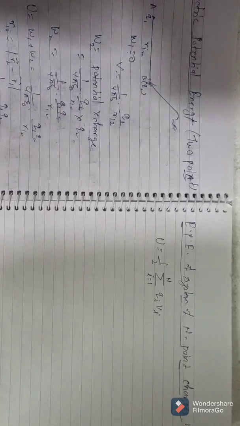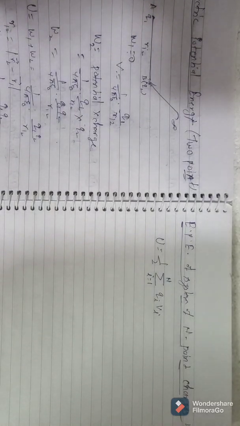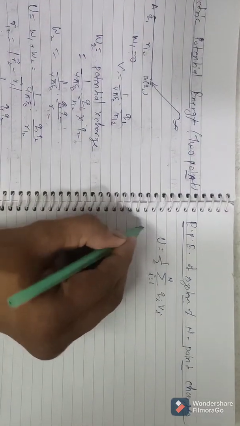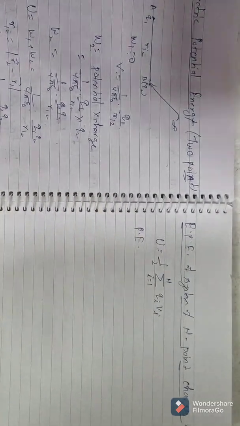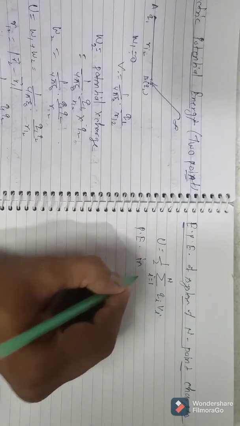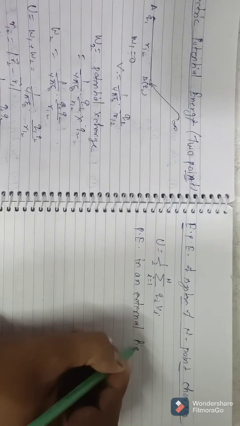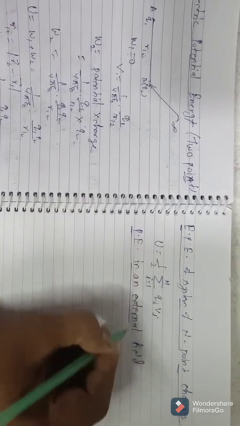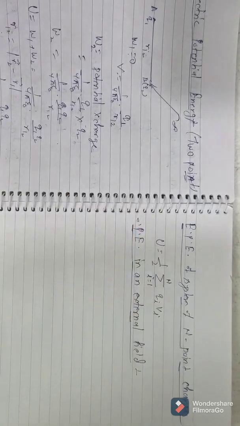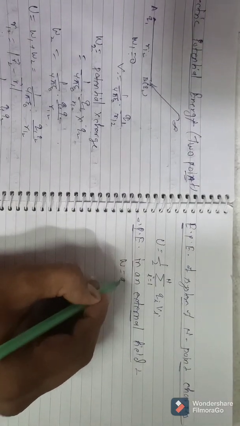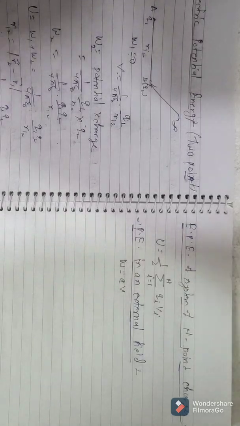Now let us write some relation between potential energy, electric potential and charge. We can write the topic as potential energy in an external field. If we write the potential energy in an external field, we know that W equals QV.